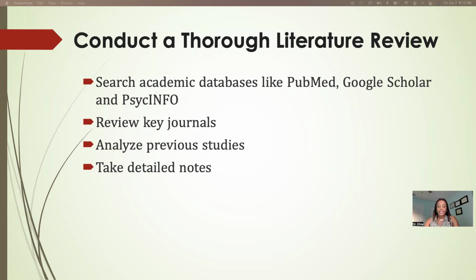And this will be a good indication of the gaps that still exist on that topic that you can address in your own research. For example, suppose your research topic is on the impact of remote work on employee productivity. You would search for studies on remote work, productivity metrics, and related factors like communication and collaboration.